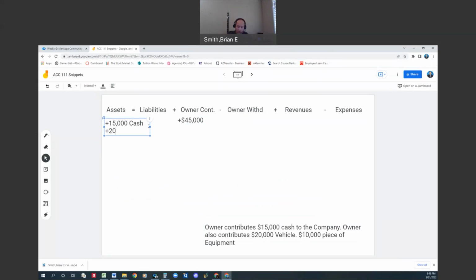We're also going to see a $20,000 increase in the vehicle account. And then we're going to increase $10,000 for equipment. Okay. So we can see that each one of these asset values, 15,000 plus 20,000 plus 10,000, is $45,000. So all of this equals our owner contribution amount. All right. That's how this works.